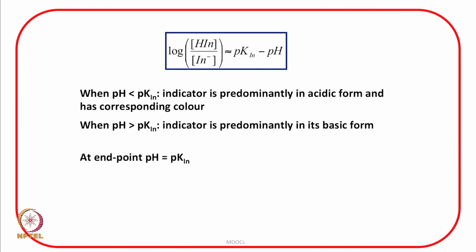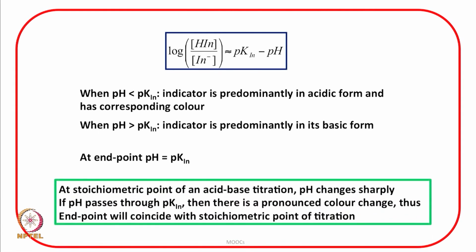At the end point, you have pH equal to pKIn. All right. That is why it is commented over here that at stoichiometric point of an acid base titration, pH changes sharply, and if pH passes through pKIn, that is when it passes through this equality, there is a pronounced color change. Thus, end point will coincide with the stoichiometric point of titration.